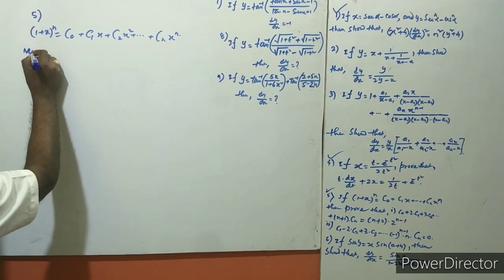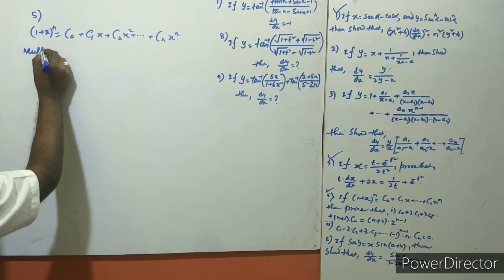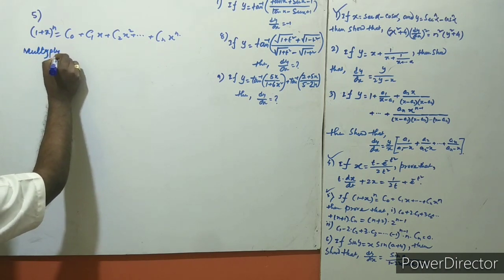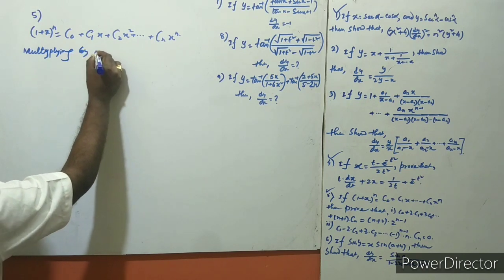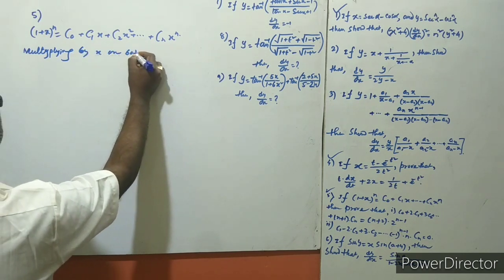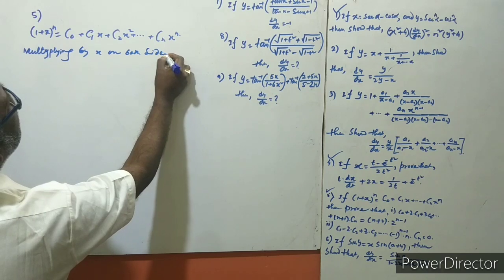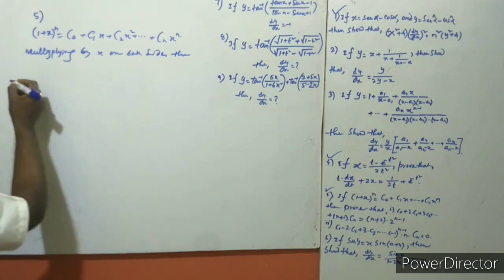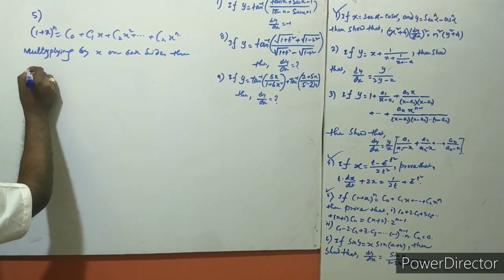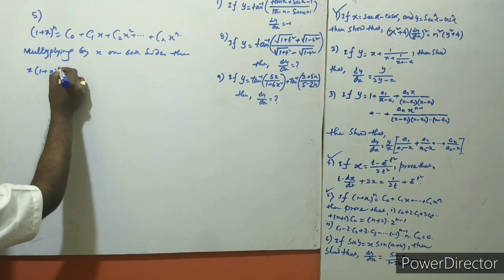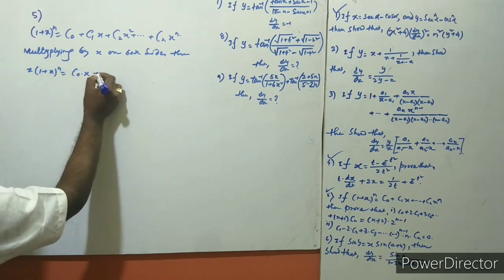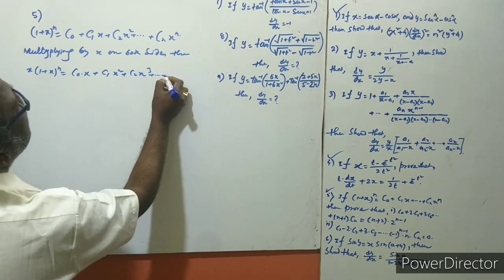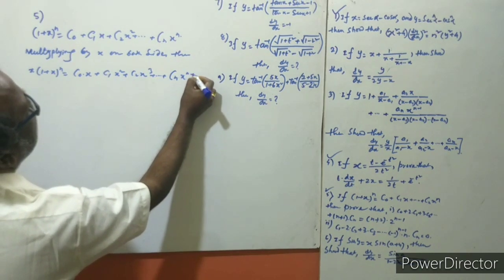So, multiplying by x on both sides, we get x into 1 plus x to the power n equals c0x, c1x square, c2x cube, up to cn x to the power n plus 1.